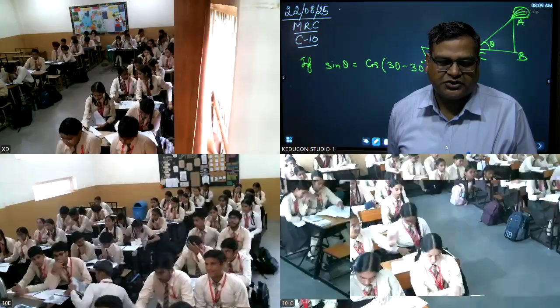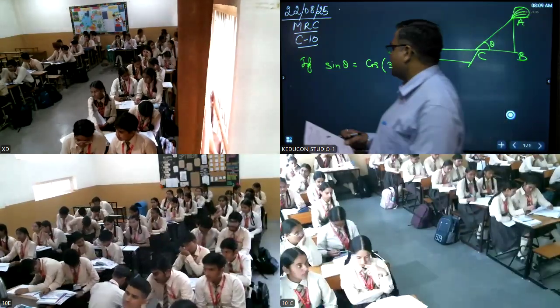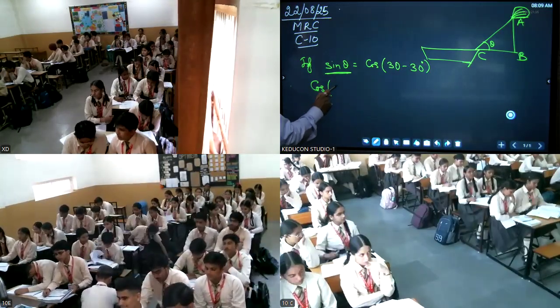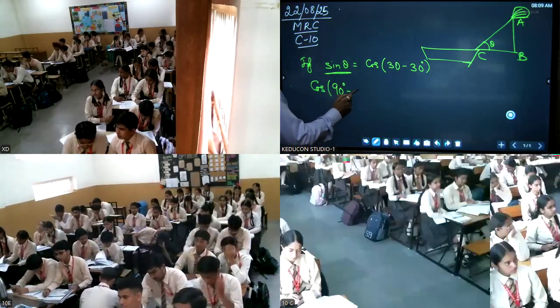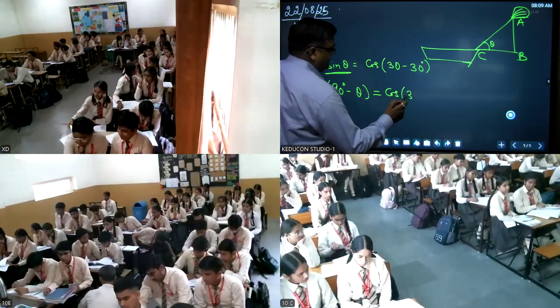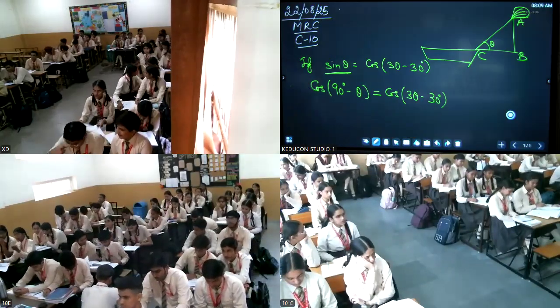Have we done this question, students? Yes, sir. We have replaced this sin theta by cos 90 minus theta. We have done this question already yesterday. So we were supposed to solve this.